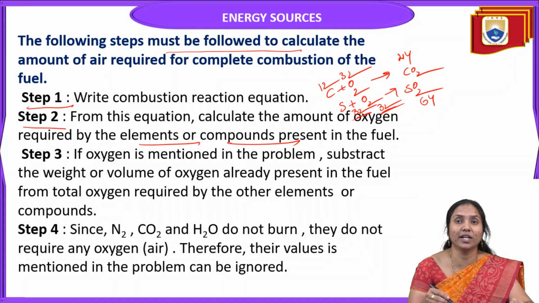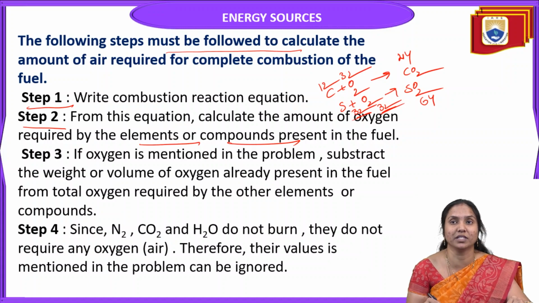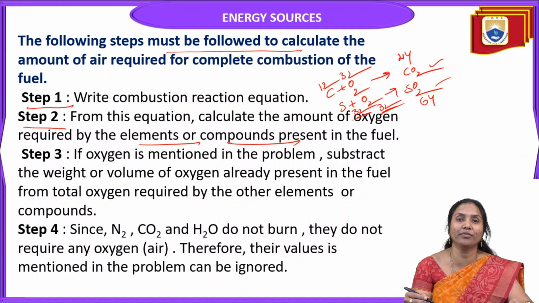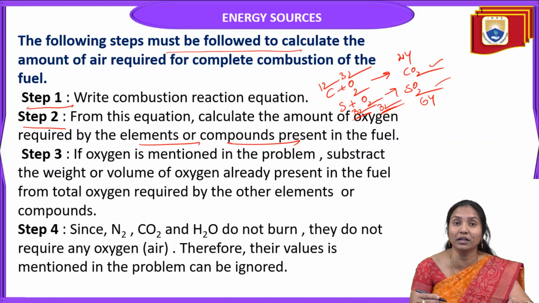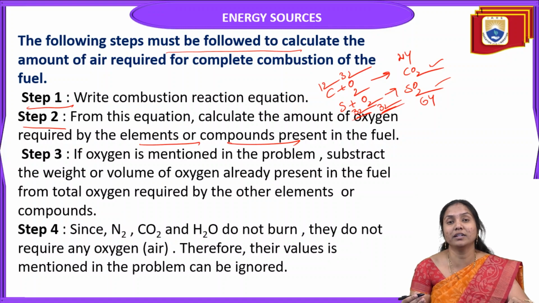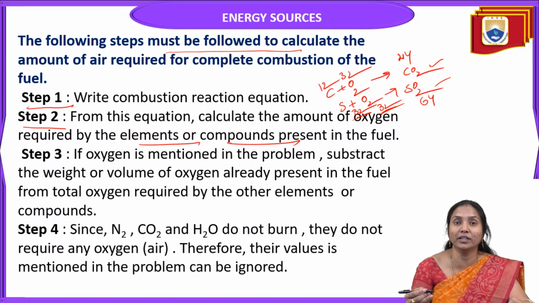So the first step is to write the combustion reaction equation, and the second is, from this equation, to calculate the amount of oxygen required by the elements or compounds present in the fuel. First we write the reaction, and from it we can identify how much oxygen is required for complete combustion of the elements or compounds present in the fuel.